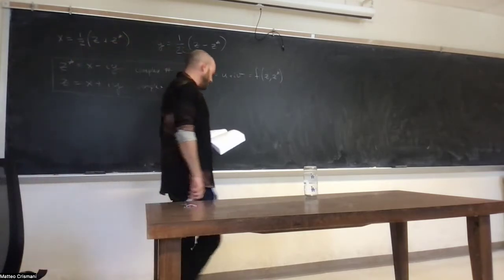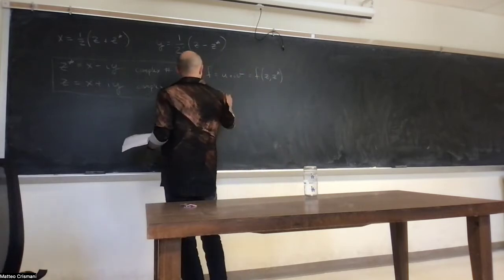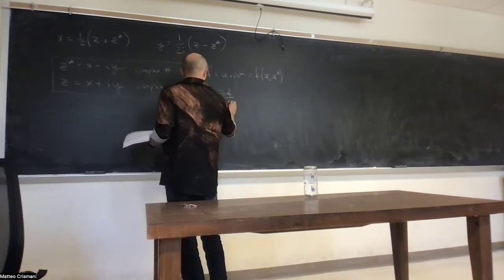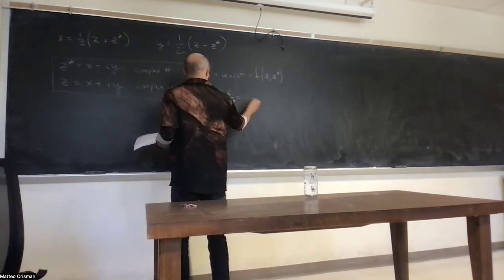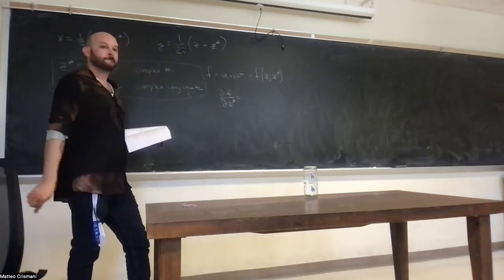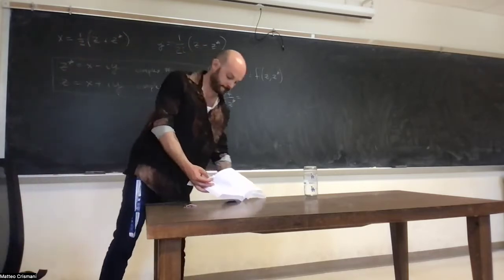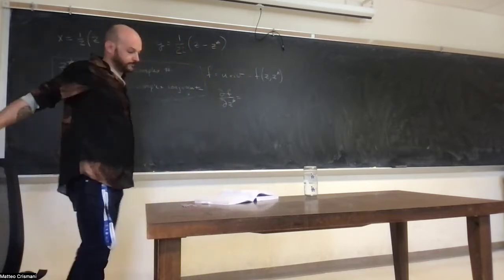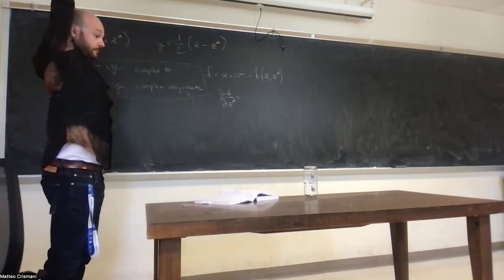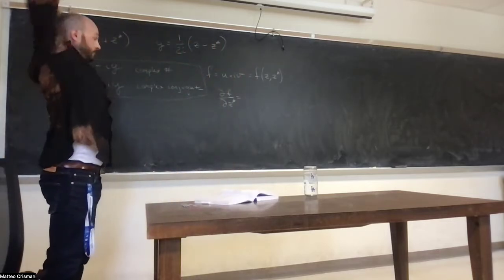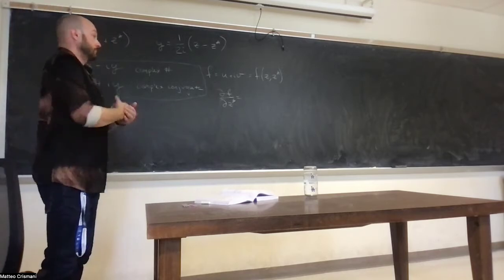Now we'll have to do one more thing. We'll have to say something like, well, what is del f del z star? What is the definition of the derivative, like with the limit?